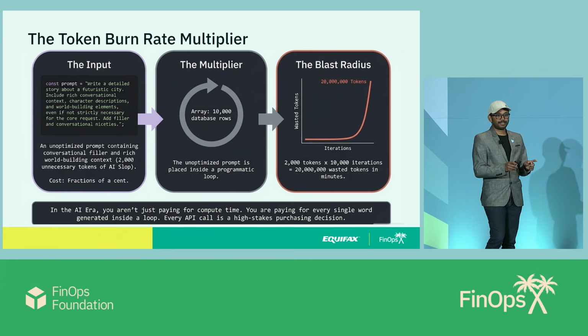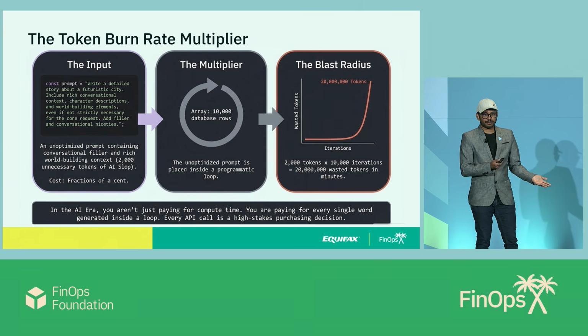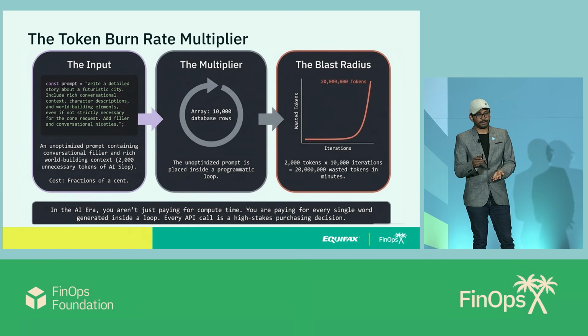And here is the real-time token burn rate multiplier, which many of you would have been encountering when you work with ADKs and A2A, where the blast radius is something that we need to concentrate on. Take an unoptimized prompt, let's say with 2,000 tokens.